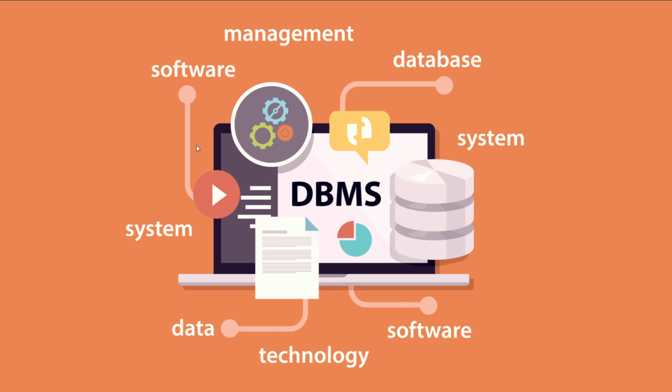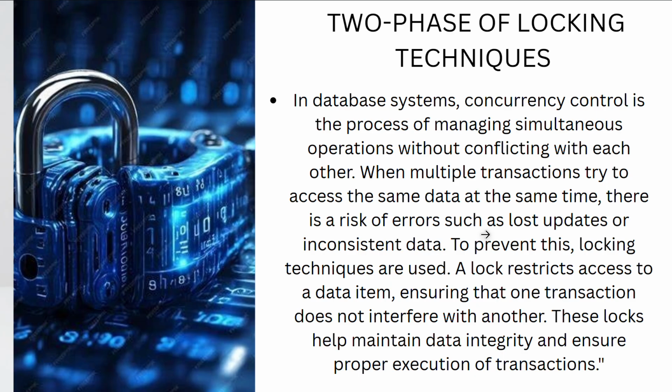Now we will move to our main topic, which is two-phase locking in DBMS. So let's go to the next page. Two-phase locking technique. In database systems, concurrency control is the process of managing simultaneous operations without conflicting with each other.